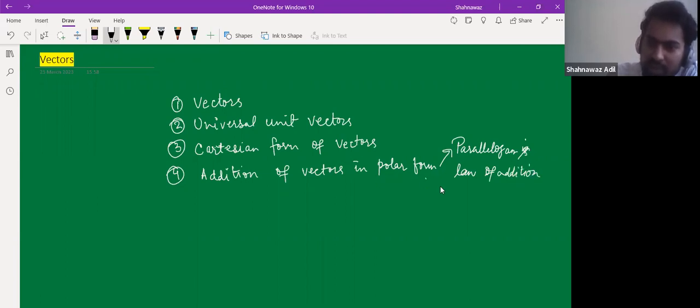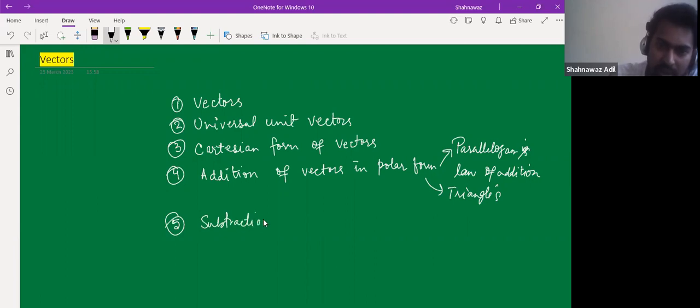I will skip the triangle law of addition because both are the same. And then I will talk about the subtraction of vectors. And I will lastly talk about the resolution of the vectors.